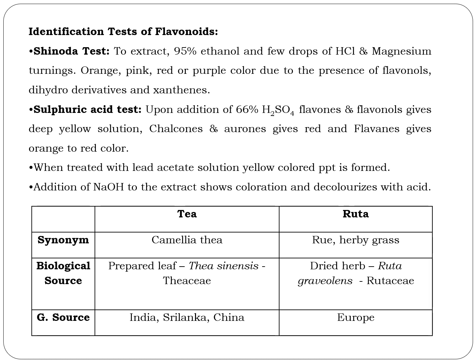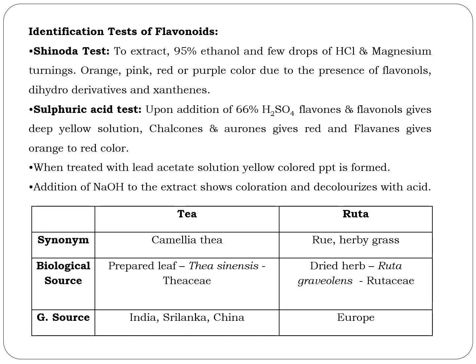Examples under flavonoids are tea and ruta. Tea is commonly called Camellia thea, whereas ruta is commonly known as rue or herb of grace.